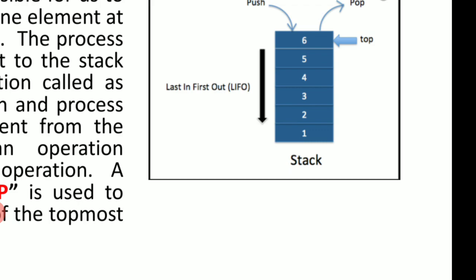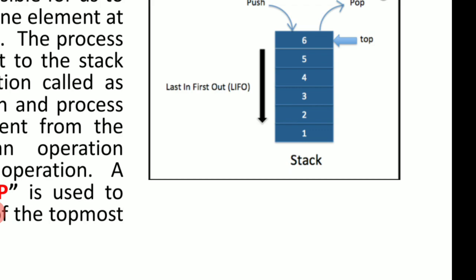Now, which item are you going to take first? That is 6, because it is added at the end, and it follows one principle called last in, first out. That means we are going to return 6 as the first value, not 1.